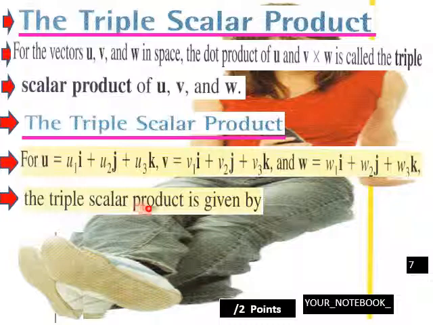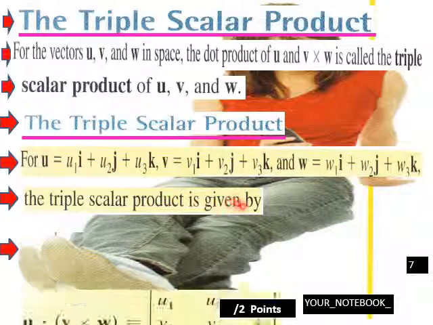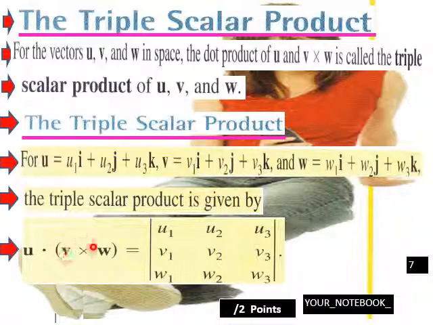The triple scalar product is given by, here it is, u times the quantity v times w, and this is what your matrix will look like for the triple scalar product.